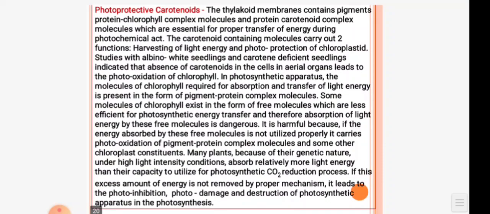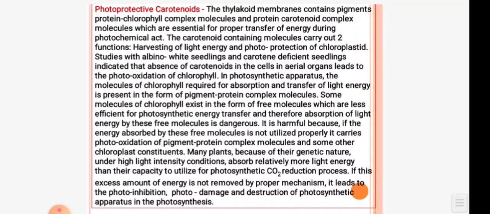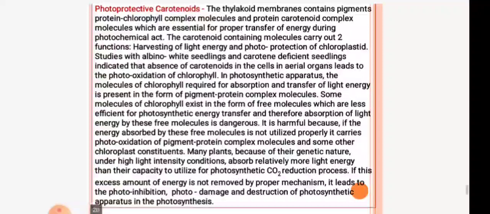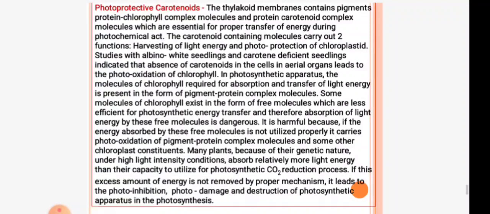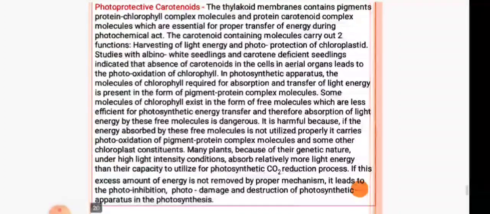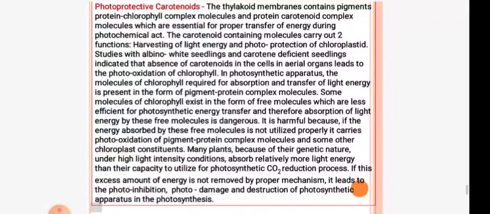Then we will see about photoprotective carotenoids. The thylakoid membranes contain pigment protein chlorophyll complex molecules and carotenoid complex molecules, which are essential for proper transfer of energy during the photochemical act.